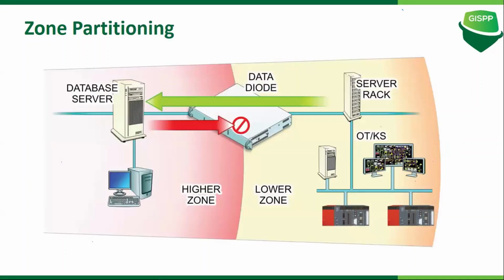Now there comes a very important role of the data diode, like I have talked about. What is a data diode? A data diode is basically a device that provides a conversion of IT, OT data traveling.